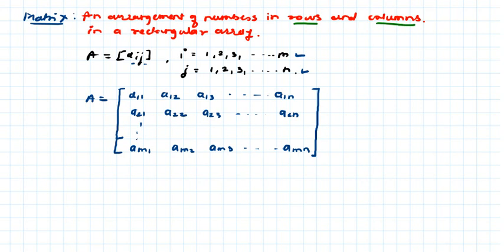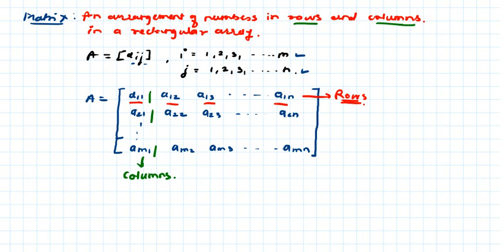Now if you observe, the horizontal arrangement of numbers will be called the rows of the matrix, and the vertical arrangement of numbers will be called the columns of the matrix.